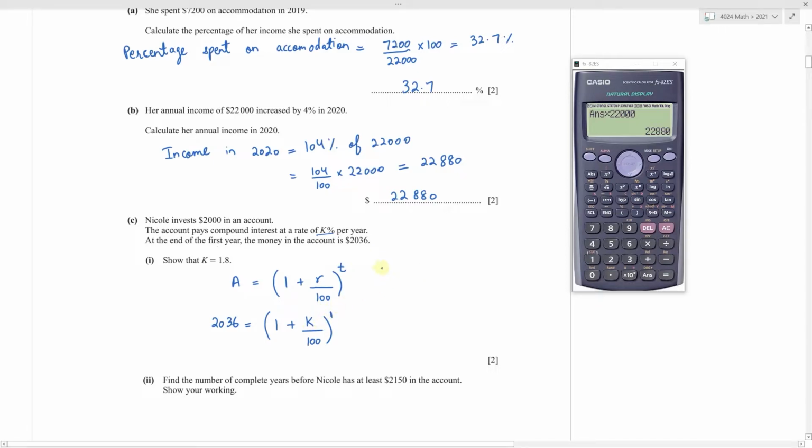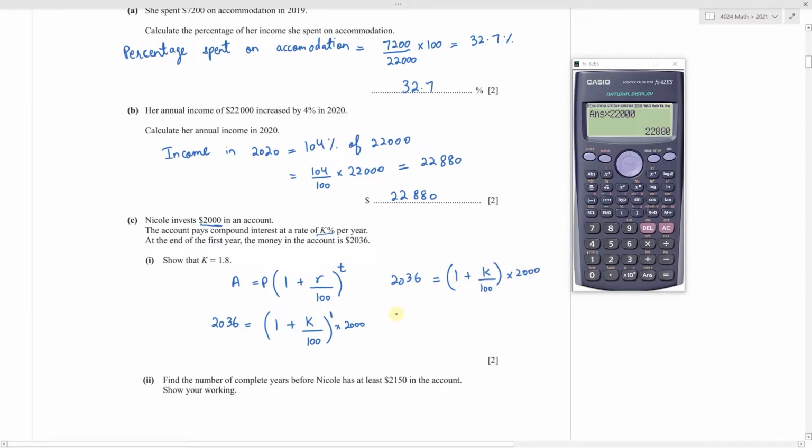This power 1 means it will remain as it is. Sorry, here you have your principal as well. So this is multiplied by your principal amount which is invested, which is 2000. I thought I was missing something. So power 1 means this will remain 1 plus k over 100 into 2000.